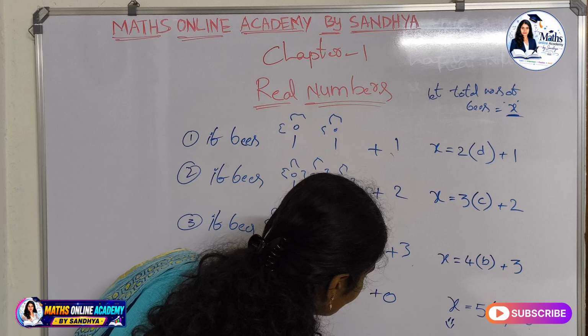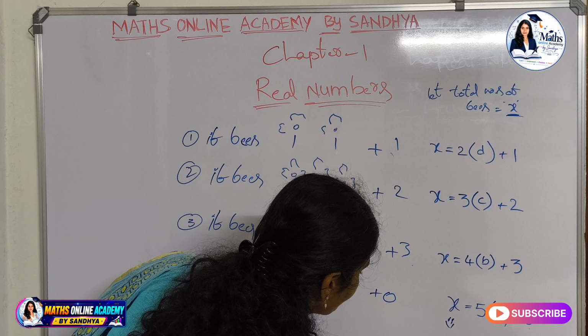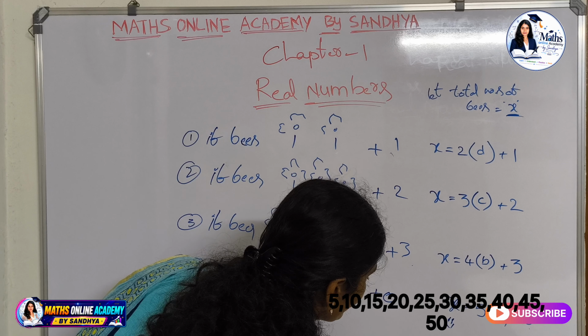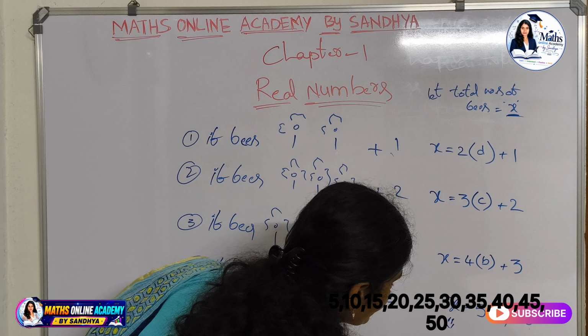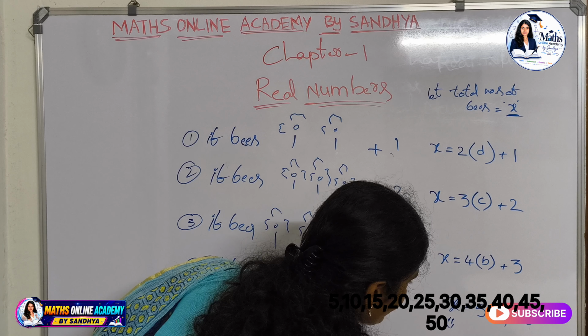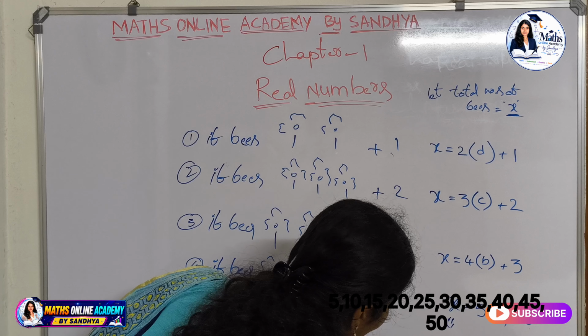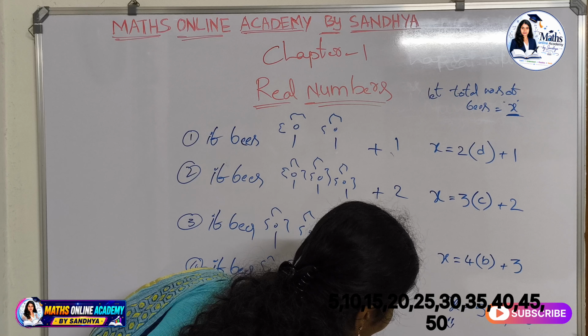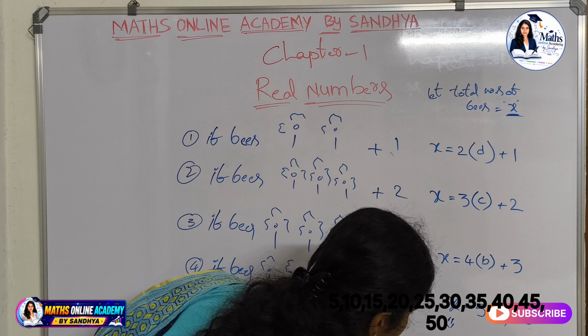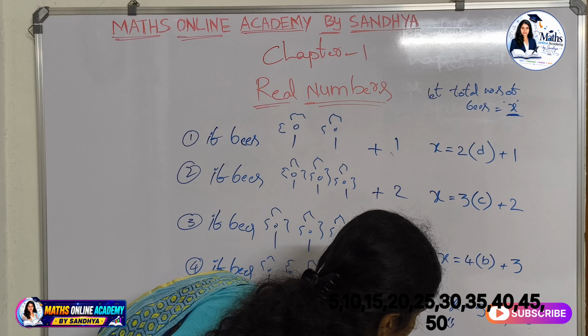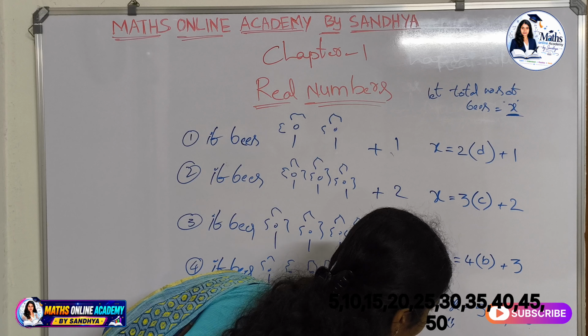So let bees be 5, 10, 15, 20, 25, 30, 35, 40, 45 and 50.